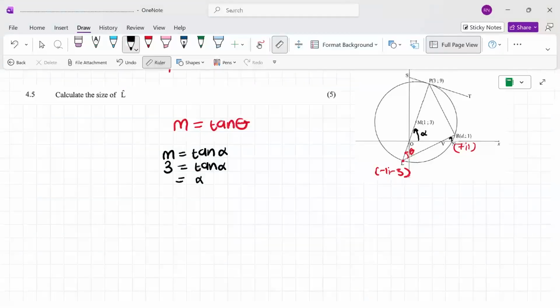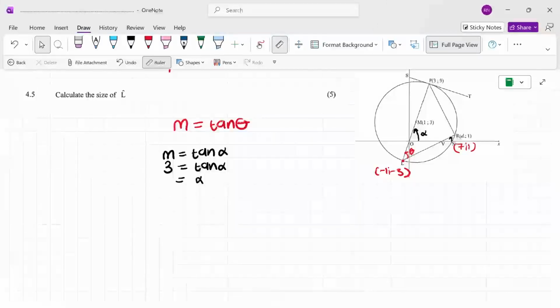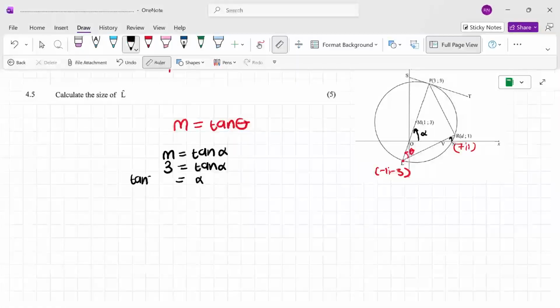What does your alpha equal to? What do you guys get as your alpha? So you'd have to do shift tan of 3, and you'd get alpha as 71.565 degrees, right?